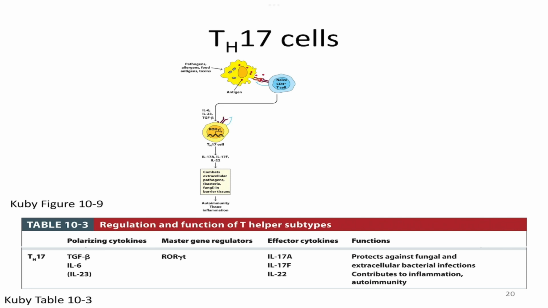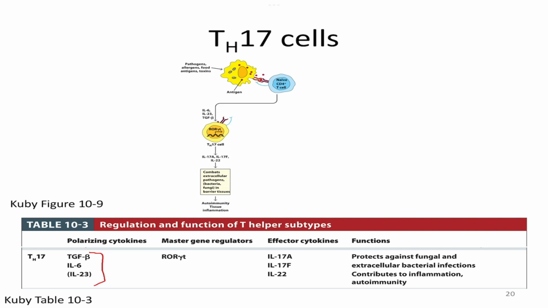And Th17 cells are made when our antigen presenting cell sees some kind of pattern recognition receptor that induces the production of the cytokines TGF beta, IL-6, and IL-23. Your textbook lists all three. I want you to be aware that for a Th17 cell, you need a combination of cytokines.